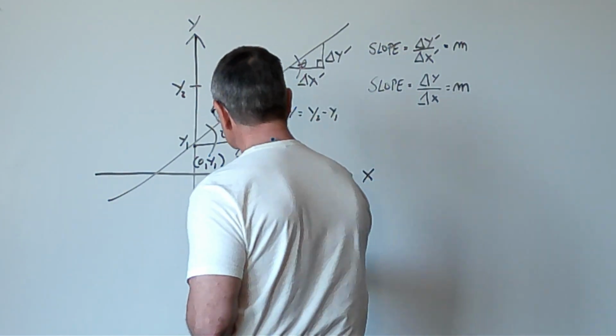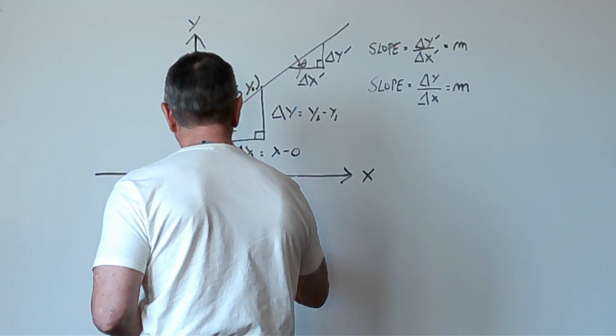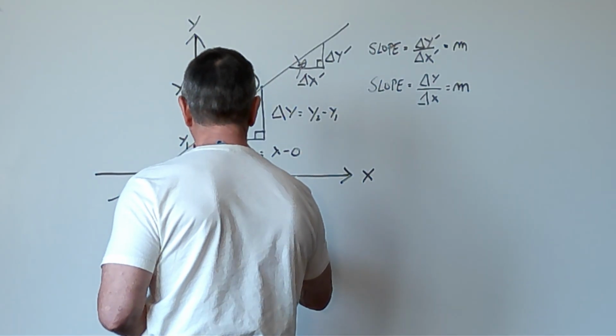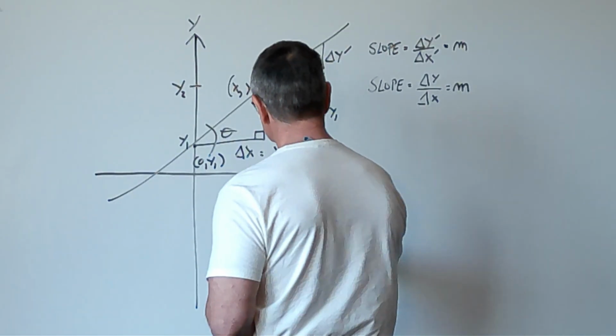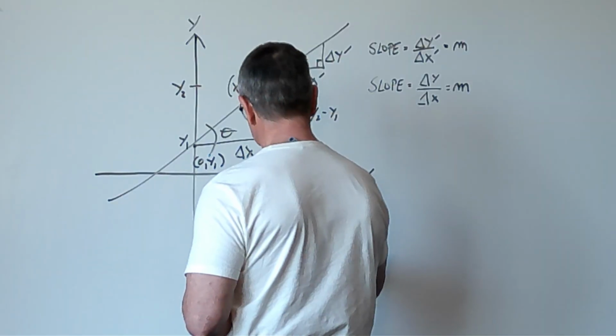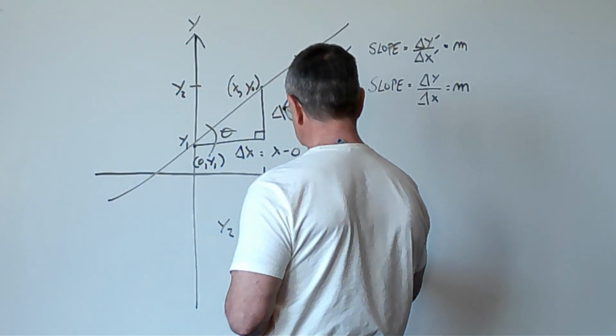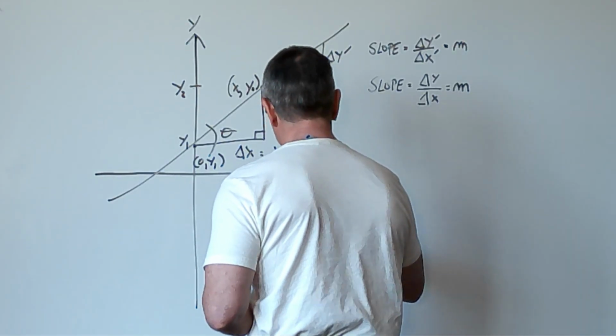Hence, multiplying the slope of a line by an arbitrary x is equivalent to multiplying the slope by delta x, which will always equal delta y. Note that the sum of delta y and y1 is equal to y2, or the value we want to associate x to.